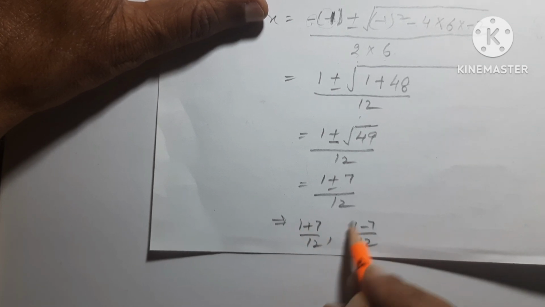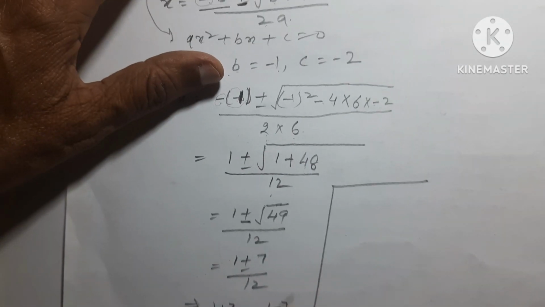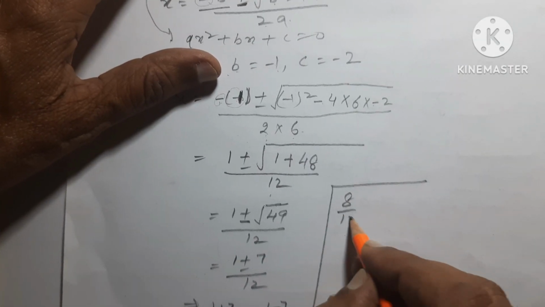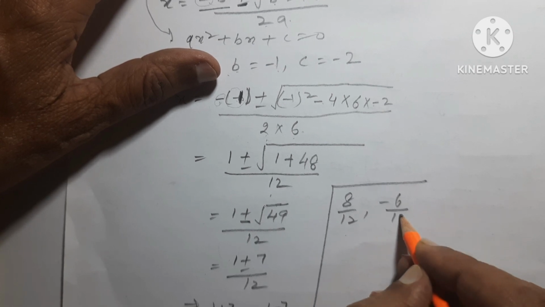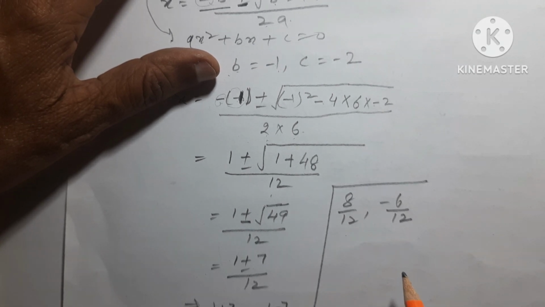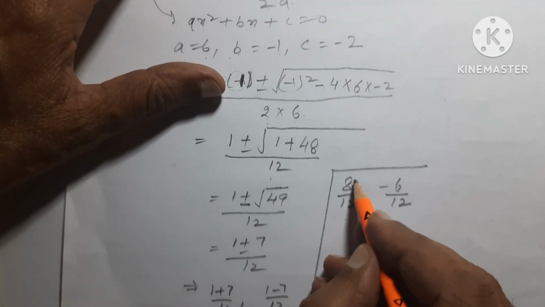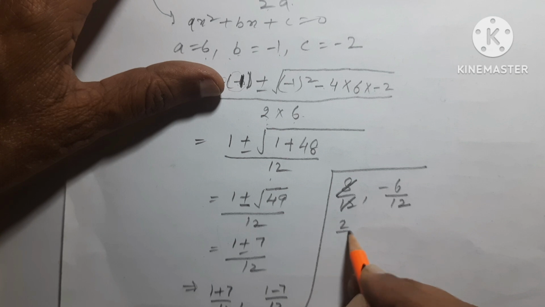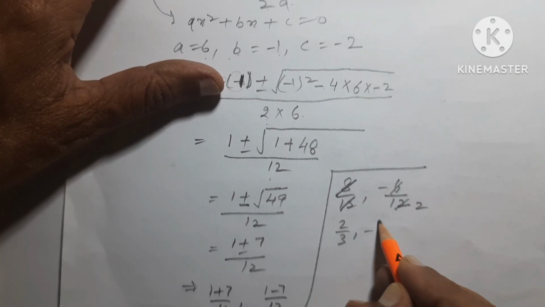Two values: first value, second value. Now this is 8 by 12. This is minus 6 by 12. So this is 2 by 3. This is minus 1 by 2.